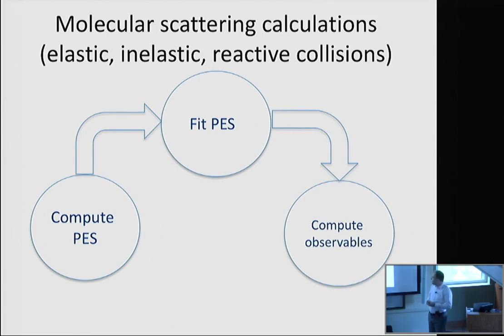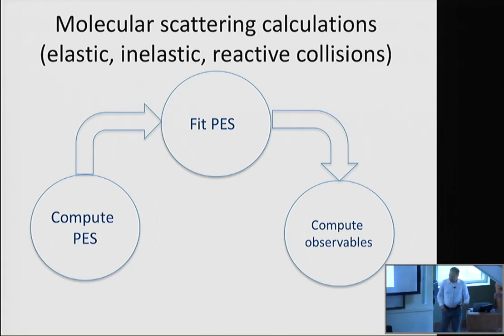Now, this process is quite complex. It often requires more than just one expert to do. We usually combine experts in producing potential energy surfaces to do the first two steps, and experts in quantum dynamics to do the dynamical calculations.